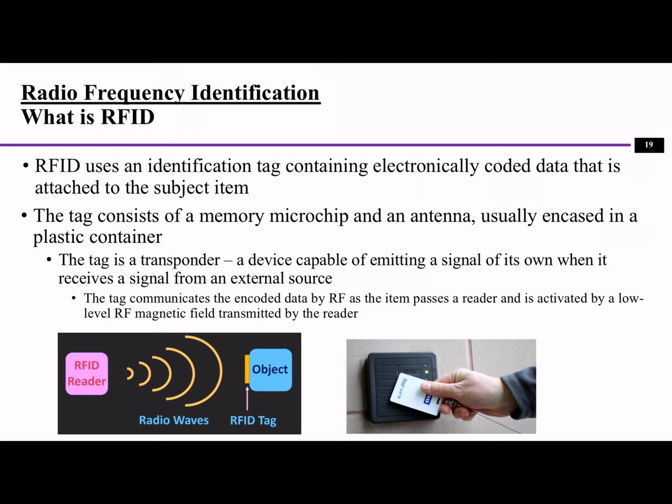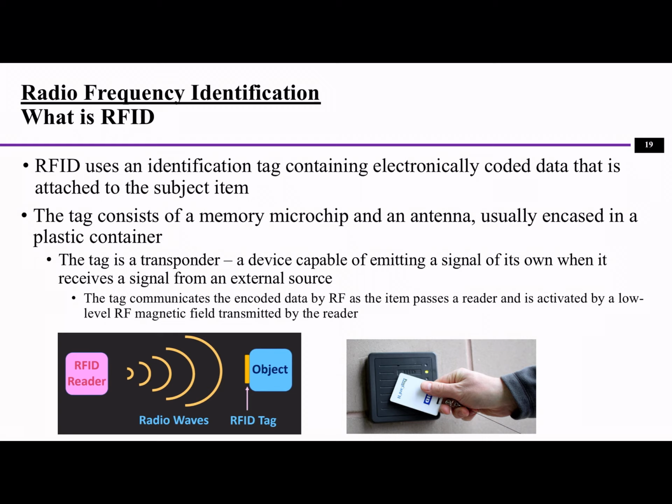So how does RFID work? There's the tag. The tag consists of a memory microchip and also an antenna, usually encased in a plastic container. The tag is actually a transponder, so it can emit a signal, and it can also receive a signal from another external source. So what happens is the tag communicates encoded data using radio frequency, and it passes the reader.